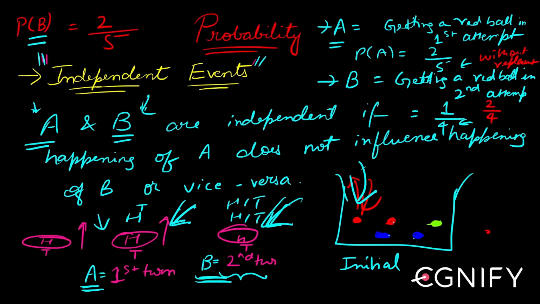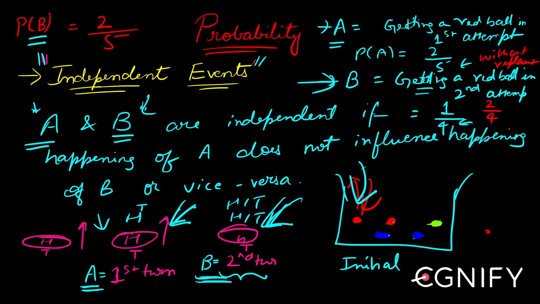Carrying out this particular event is not dependent on what happened before, because whatever had happened, I kept the ball back, and it's back to square one. So what happens now is completely independent of what had happened.